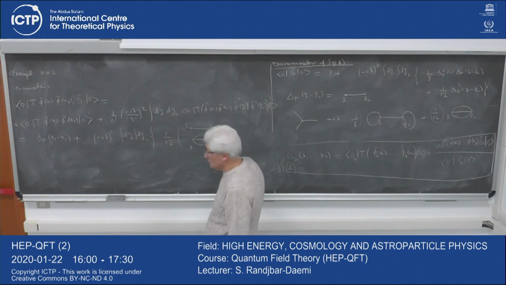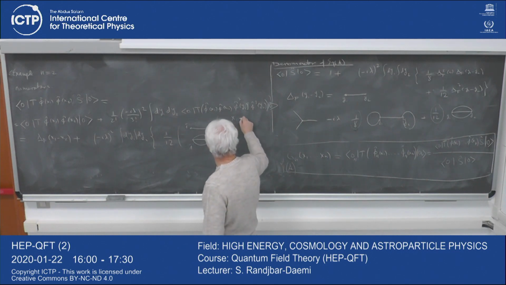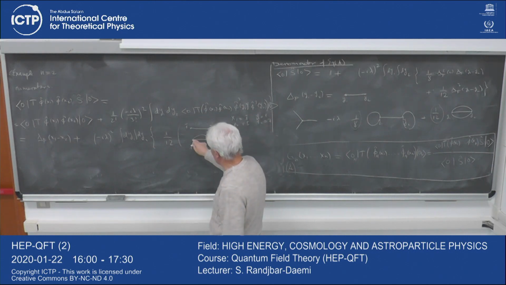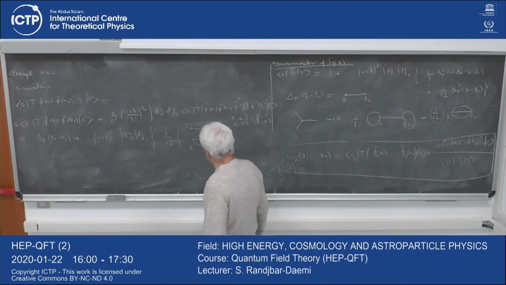We are integrating over unbarred indices. So x1 is 1 bar, x2 is 2 bar, y1 is 1, and y2 is 2. You integrate over these points, and these are x1 and x2. This is one graph.